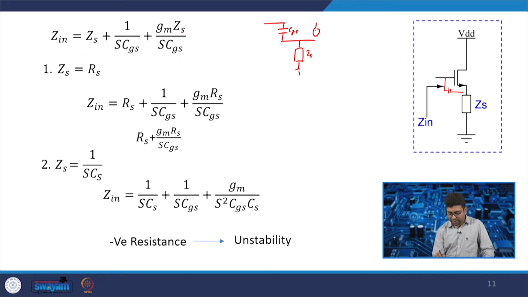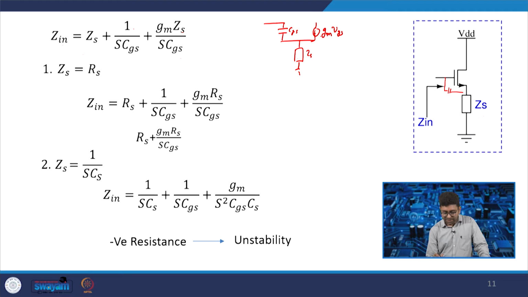You will have a current which is flowing, that is gm into VGS. So, here the first is ZS plus this capacitance SCGS, and when this current will flow, we will get gm by ZS, gm into ZS.